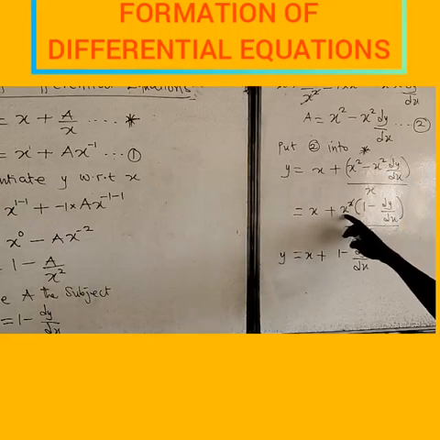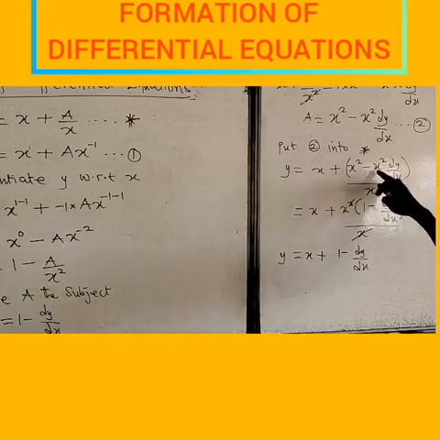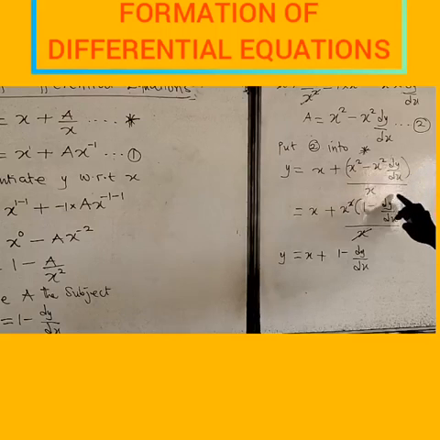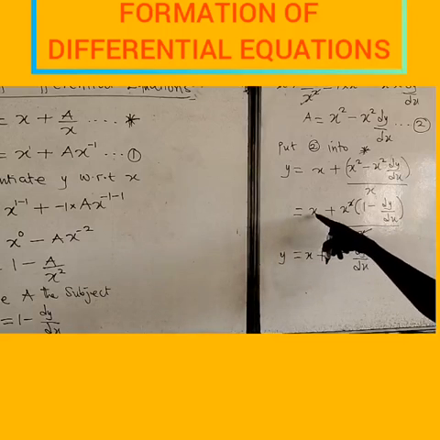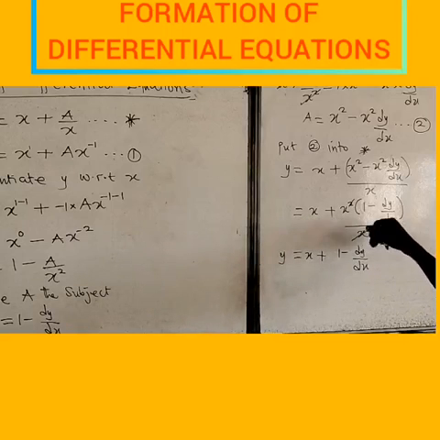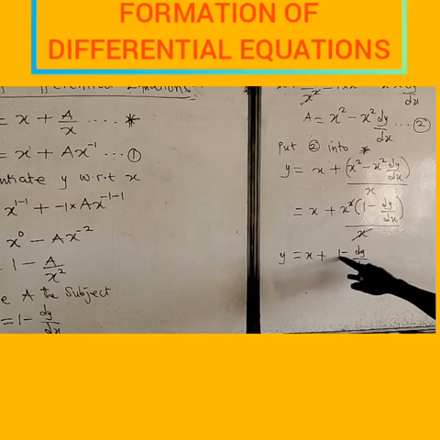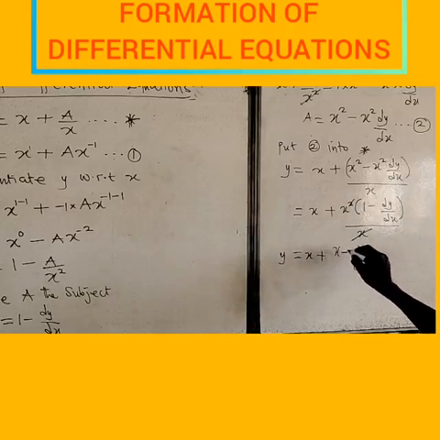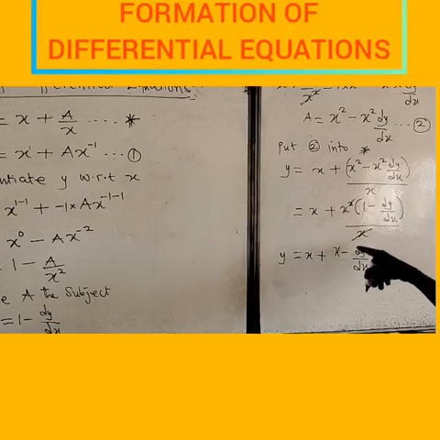Once we factorize x squared out, we are left with 1 in the bracket and dy dx in the bracket, all over x. If we cancel out, x takes one of the x out, and then we have finally x times dy dx is x dy dx.